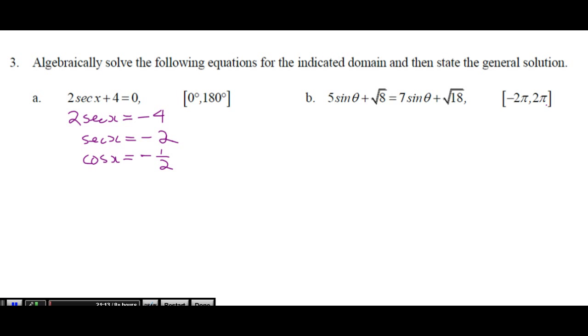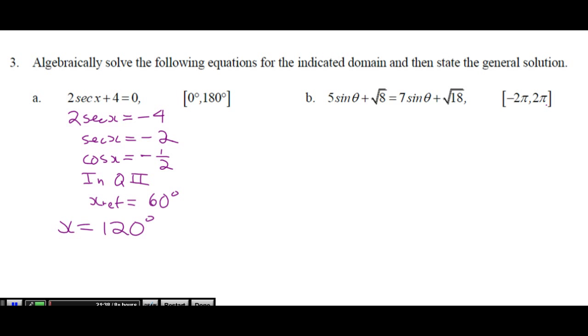Where cosine is negative. It's in quadrant 2, right? So this is in Q2, only in Q2. What's x ref? 60 degrees. What's a 60-degree reference angle in quadrant 2? 120 degrees. So your only solution is 120 degrees, right?